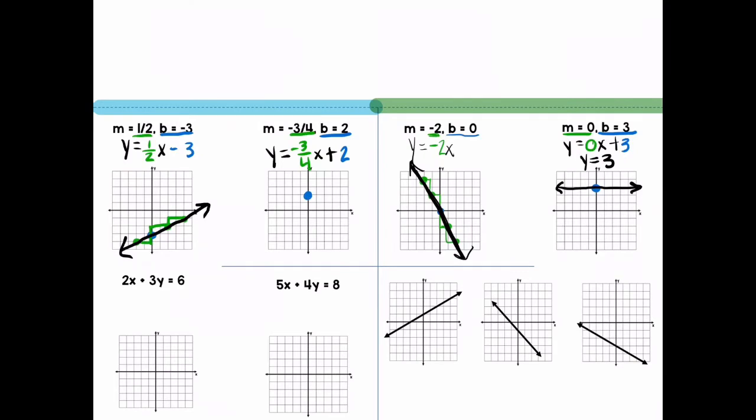So I'm going to go down 3, to the right 1, 2, 3, 4. Let me make that prettier. And then we can go up 3 to the left 4. And now I can draw my line.